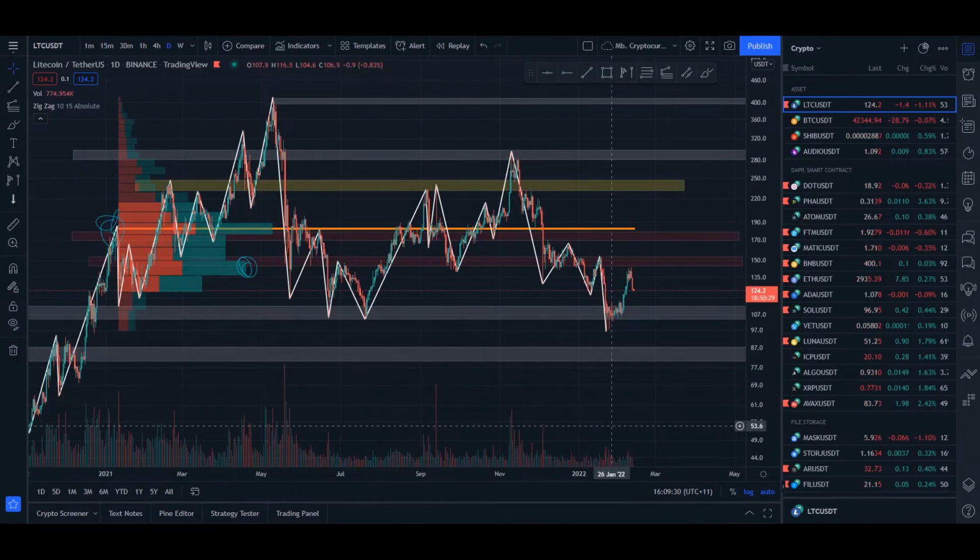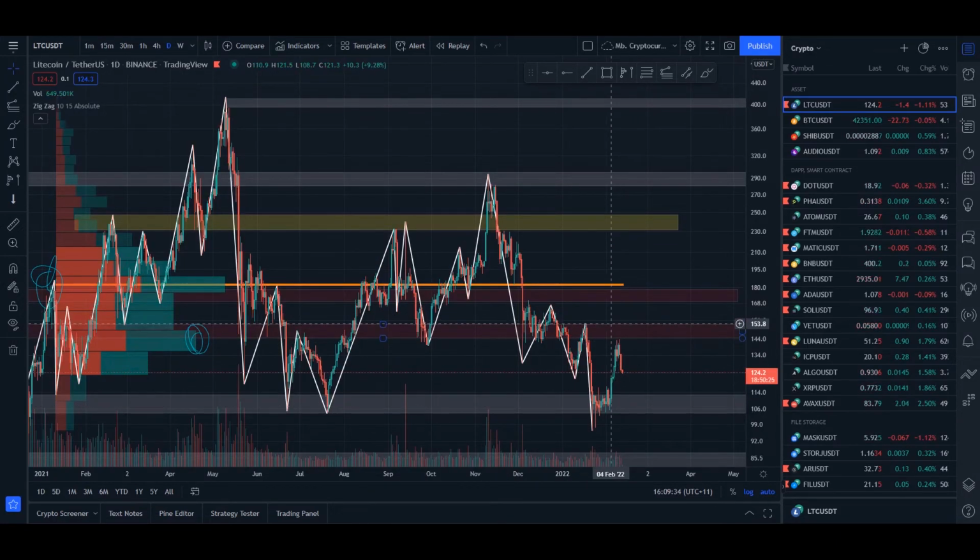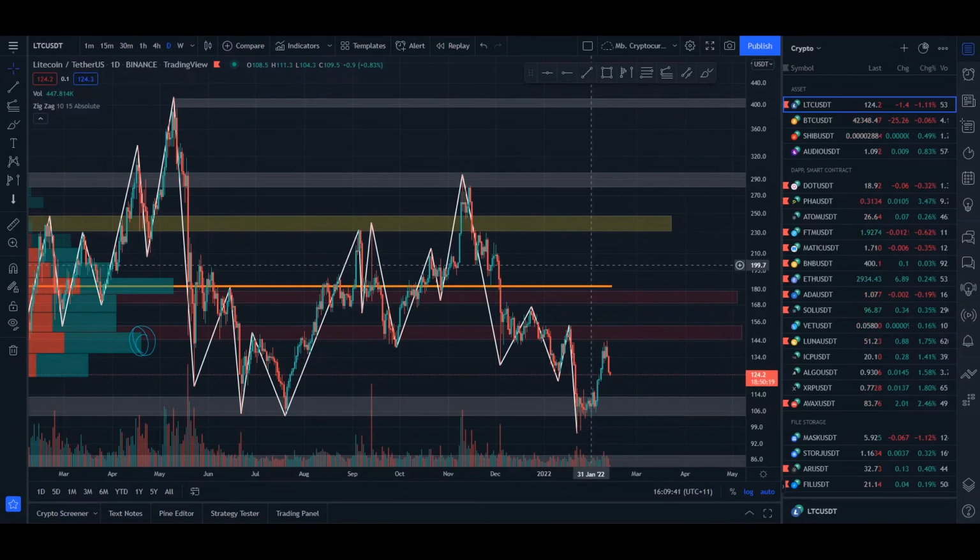Another one that we mentioned is numbers with a psychological effect, as I said, like $150 or 100 or even 200, which can work as an area of support and resistance. For example, you see a couple of times it just reached up, it dropped, it played around the 200 level, see how many times it touched it. This is an area that might actually work as a support and resistance.